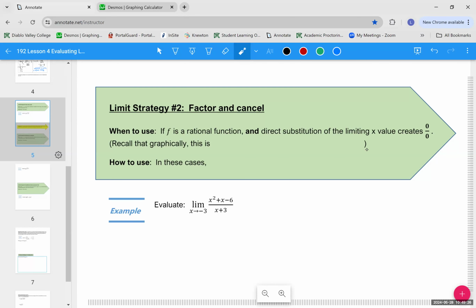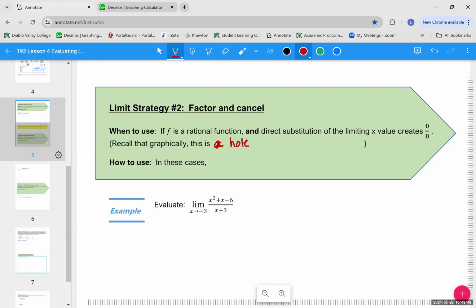So if f is a rational function and direct substitution of the limiting x value creates 0 over 0, remember when we were first reviewing this, 0 over 0 can be in a graph. Remember, it's not an asymptote, it's a hole.